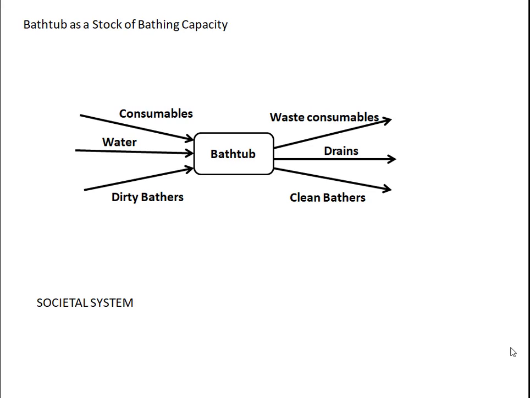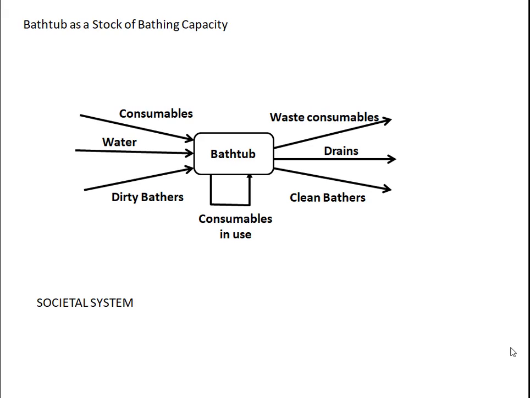And some of those things have waste. Empty bottles, used up soap, things of that nature are going to come out as wasted consumables. And because they're consumables, they might not get used up every time there's a bath. So I'm going to show that some of the consumables in the bathtub continue to be used until they're used up. So a bar of soap might last a week or 2 weeks going through the process. A bottle of shampoo might last a month.